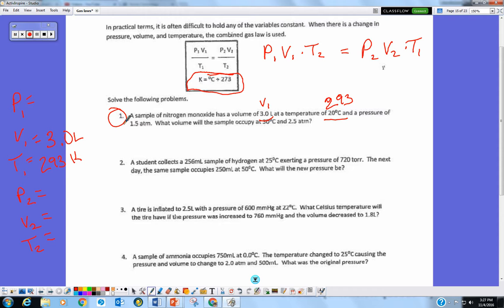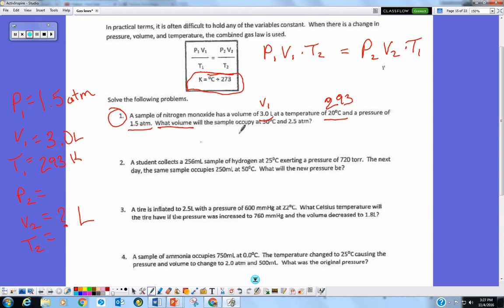And then our pressure is 1.5 atmospheres, 1.5 atm. And then moving on, we want to know what volume. So that's our question. And now, just paying attention to units, my original volume was in liters, so I can expect my new volume to be in liters. We can verify that through unit cancellation.